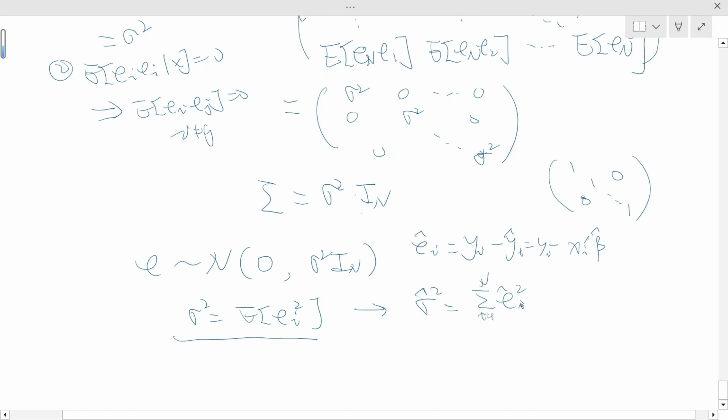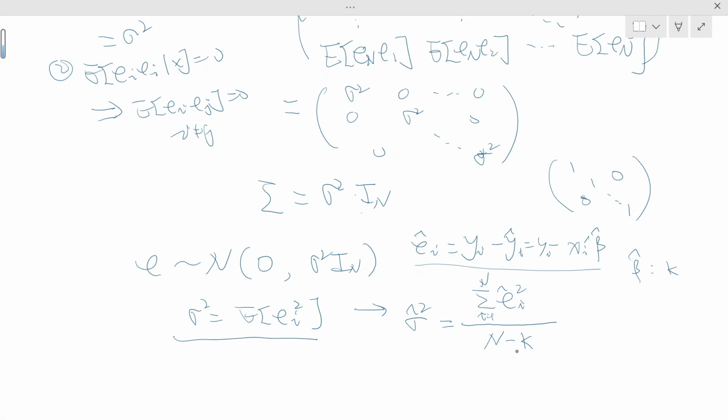Now, what we want is to get the average, but we are not dividing by n, but by n minus k. This is because when we are computing these residuals, we are fixing this beta hat, which has k elements in it. So we lose k degrees of freedom. That's why we take k away from n.